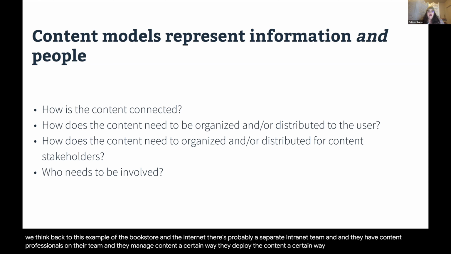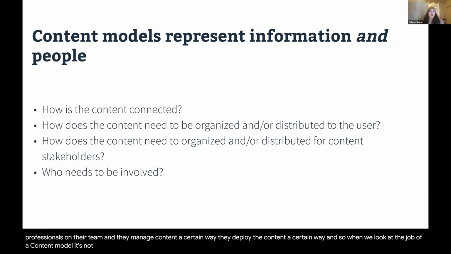they deploy the content a certain way. And so when we look at the job of a content model, it's not just to represent how content is connected or how it relates to one another. It also explains to us who needs to be involved in this content.